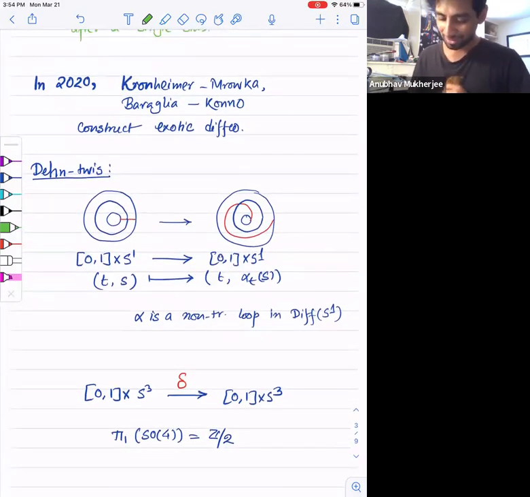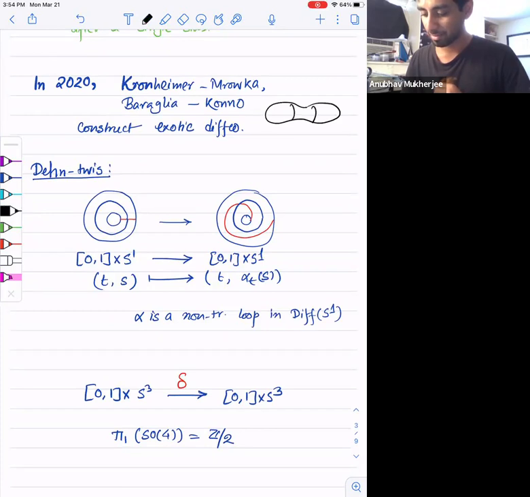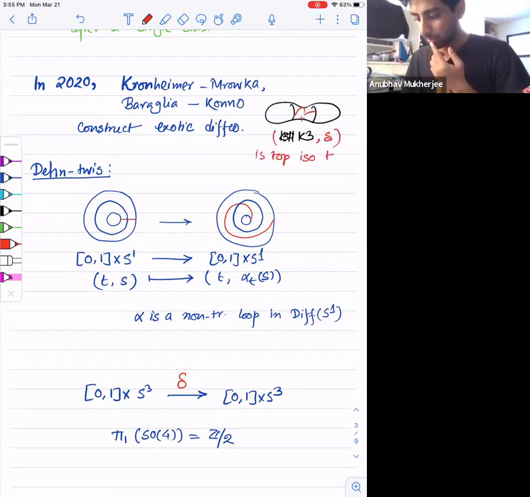Kronheimer and Mrowka proved, and Baraglia and Konno, that if you take the connected sum of K3 with K3 and construct a Dehn twist there, this Dehn twist is topologically isotopic to the identity, but not smoothly.